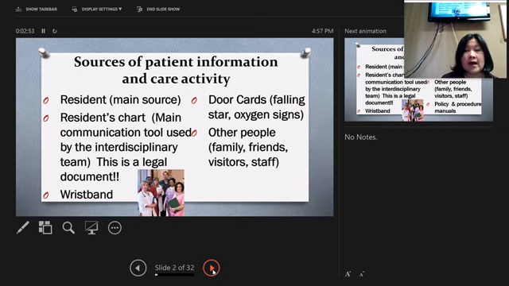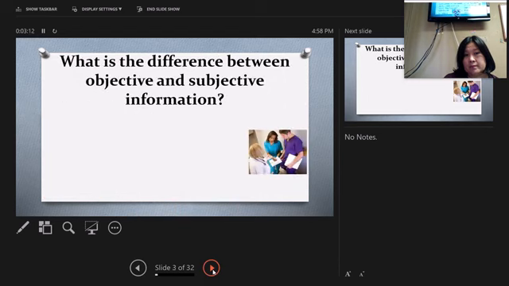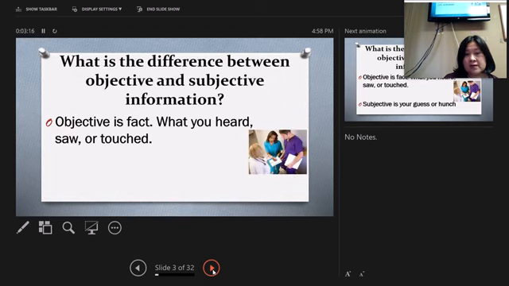But we can also ask family members the patient's routine, what they like, what they dislike, how they did things at home. Our policy and procedure manuals also give us a lot of information about how we're going to care for our patients. But the biggest document that tells us how to care for patients as an individual is their care plan.